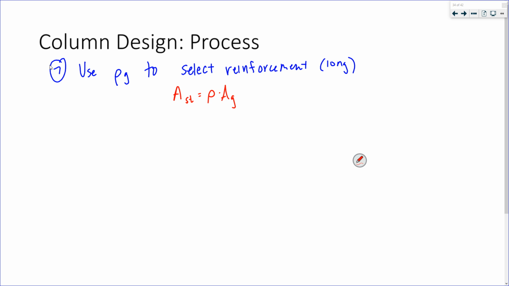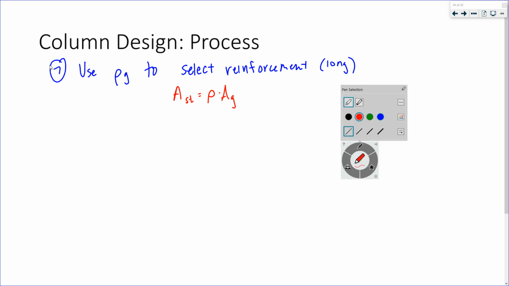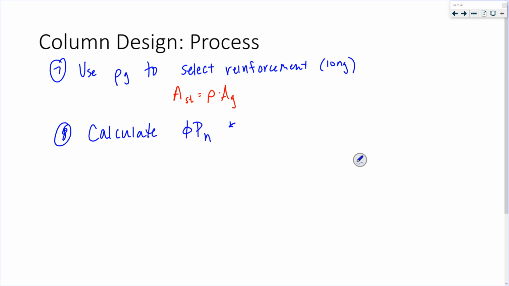So we get an area of steel, we select how many bars that would be. You're going to want, obviously, even distribution. Now that you have that, calculate your capacities. Just remember that cap on your axial capacity.